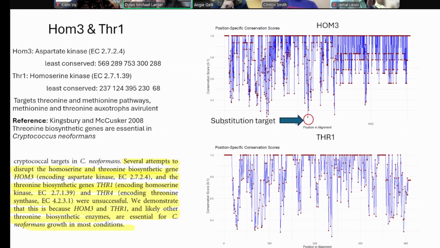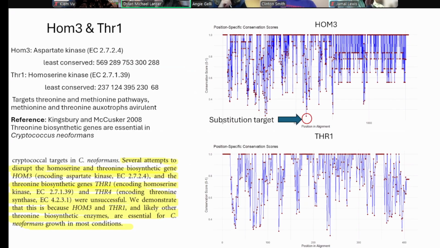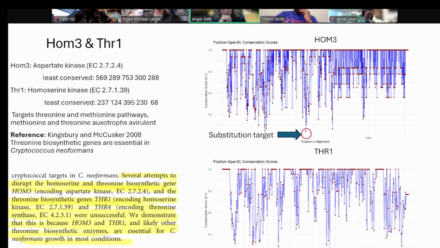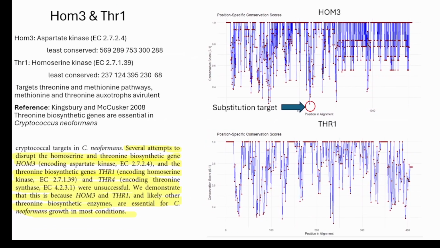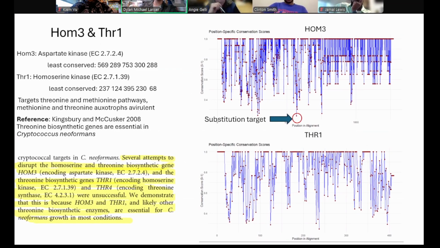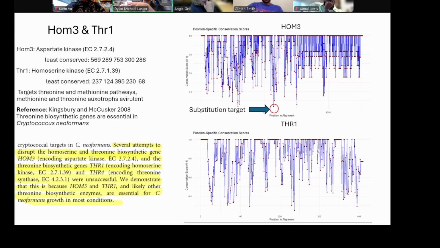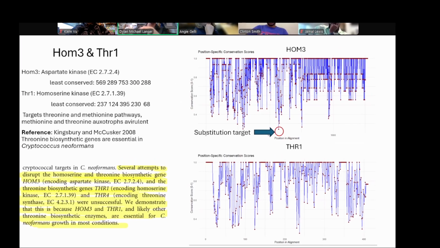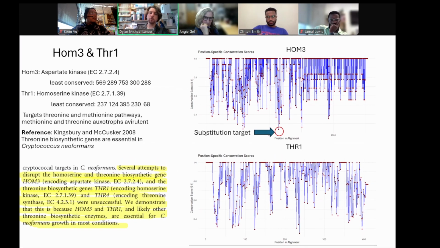I'll go back and make sure that I'm doing this analysis correctly, but it seems like whatever pattern they're seeing with the Saccharomyces essential genes we're not really seeing for these, for whatever reason. I believe they wanted to choose one near the N terminus because the idea was that if you get an early termination, you're less likely to produce a partially functional protein.